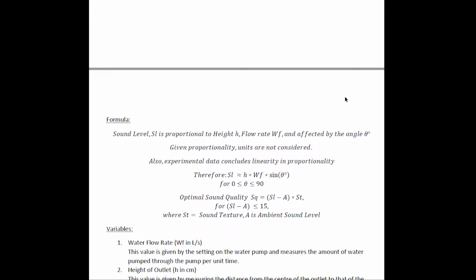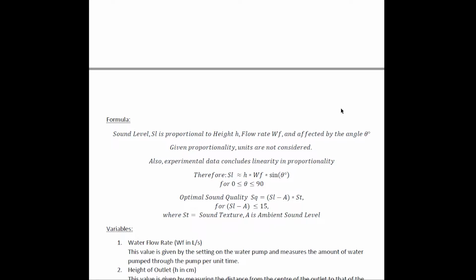So, onto the formula. Firstly, we have sound level SL, which is proportional to height H, flow rate WF, and affected by the angle theta. Given the level of proportionality, units are not considered. Therefore, sound level is given by height multiplied by flow rate multiplied by sine theta, for a value of theta being from 0 to 90.